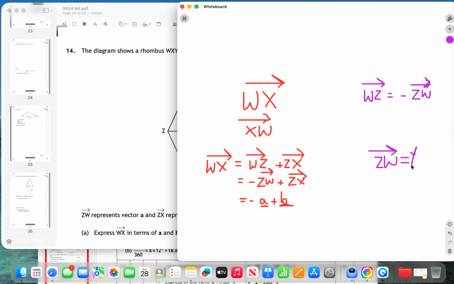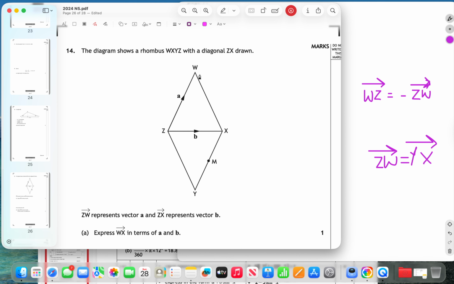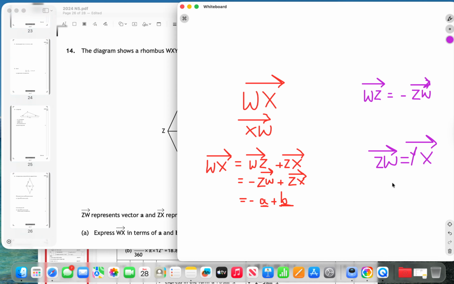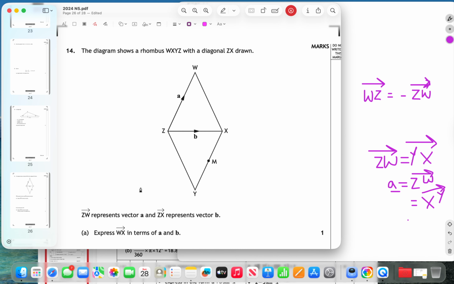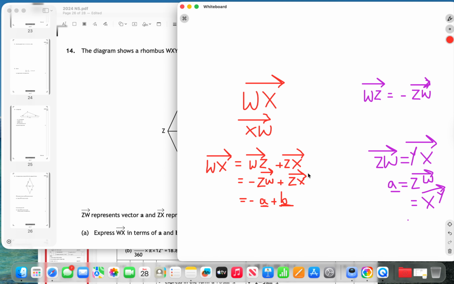So in this case, we can say that ZW is actually equal to YX. And we then know that if ZW is A, or this, then YX must also be equal to that vector A.